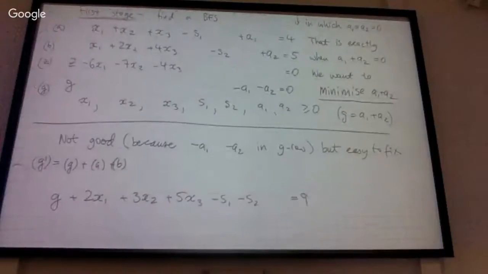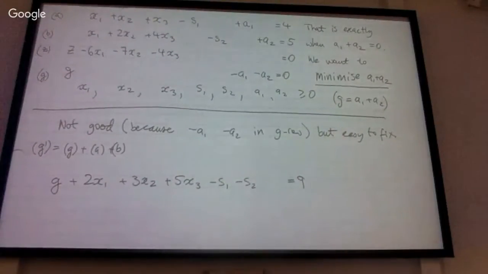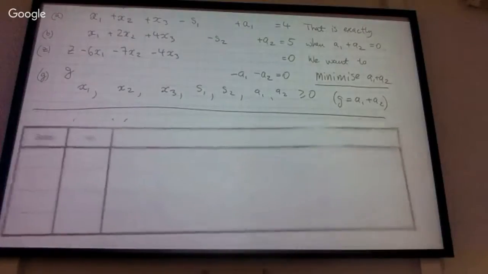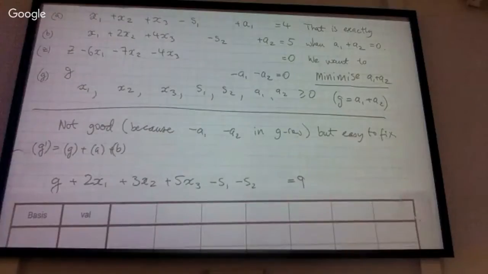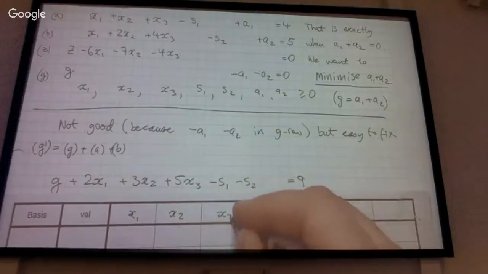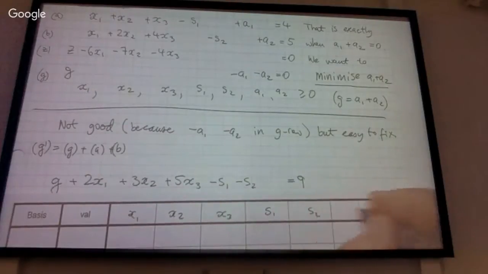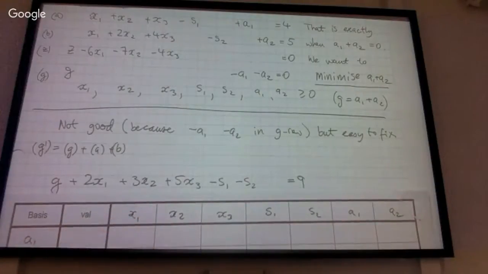Okay, now the rest is easy. I'm not doing it very well, right? Because I'm covering this already. So what are the variables here? We have x1, x2, x3, s1, s2, a1, a2. The initial basis is a1, a2. We have a z and we have a g.